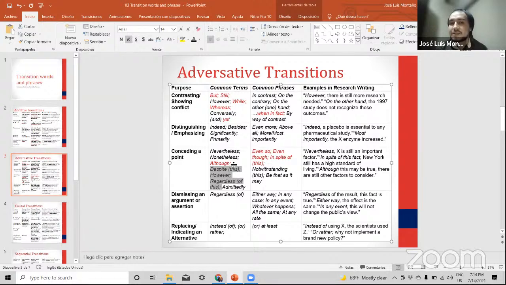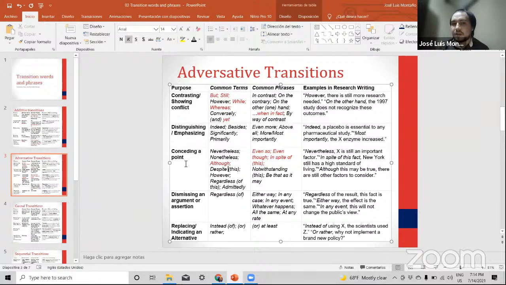So nevertheless, nonetheless, despite this, however, regardless of this, if you use them with that thing that you have in parentheses, then it's going to be the same punctuation. Despite this, comma, you have the idea. The same with regardless.